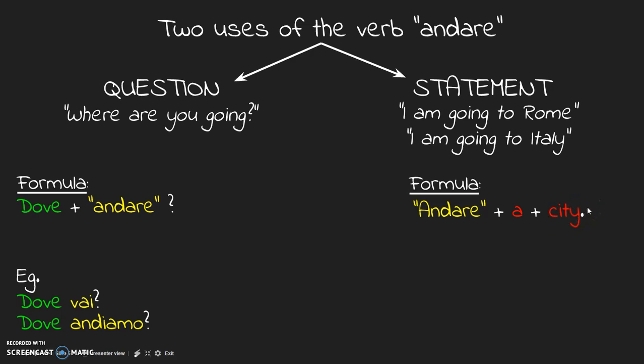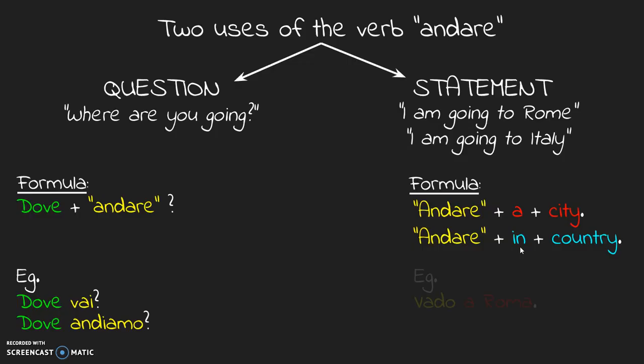If, on the other hand, we're talking about going to a country, then we would use the appropriate form of andare plus in plus the country name. So remember, a for cities and in for countries.